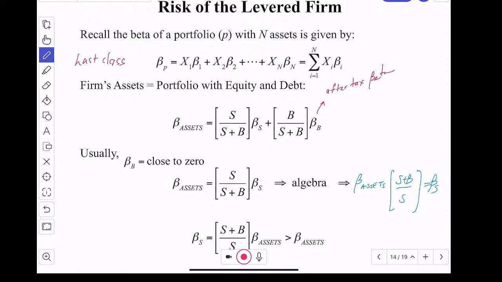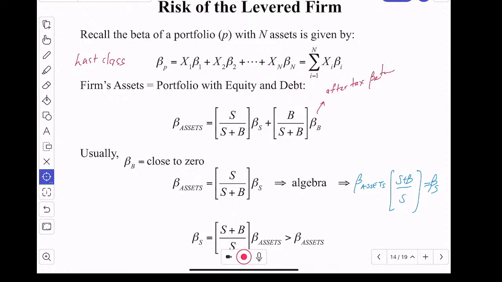okay, so all I've done is to divide by this fraction, I multiply the reciprocal after I cross multiply. So that's where that term comes from. And so the beta of equity is a fraction bigger than 1 times the beta of assets, so this must exceed the beta of assets.